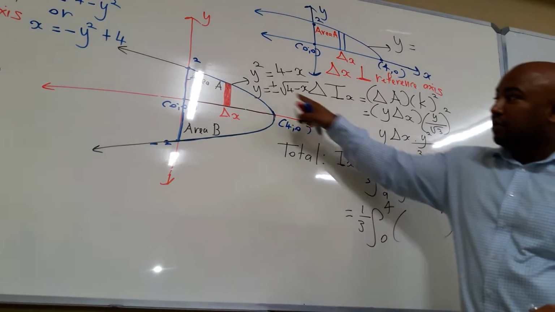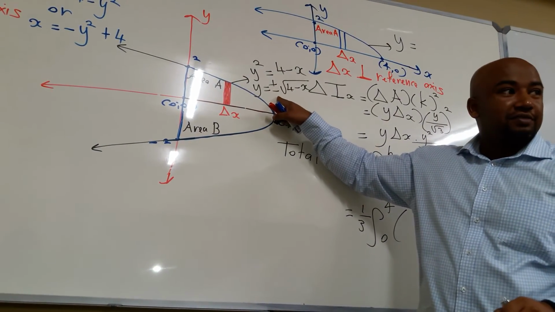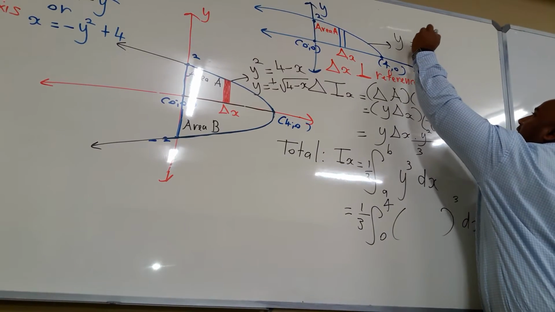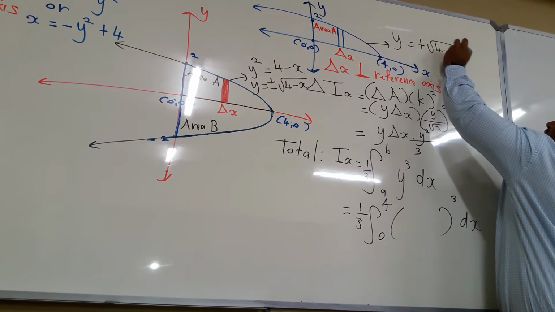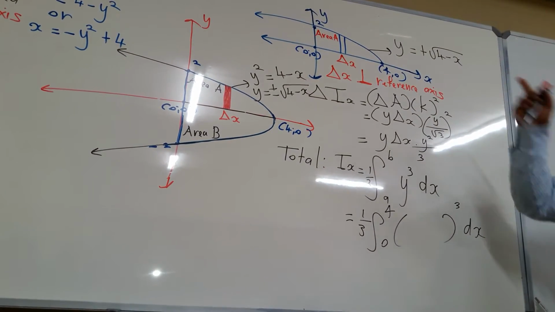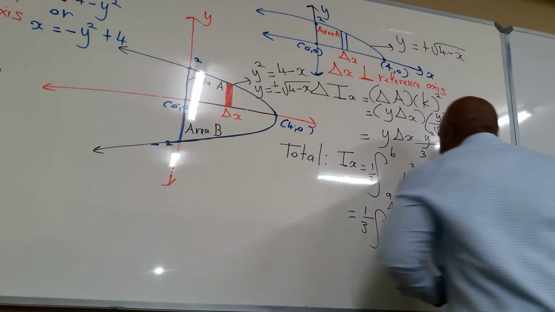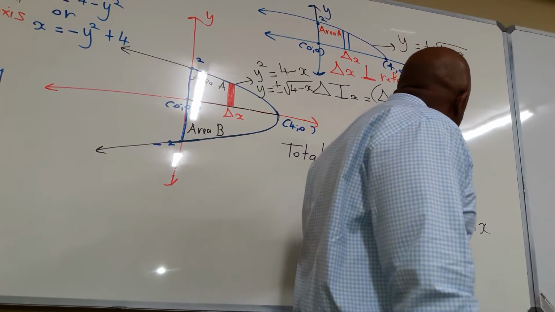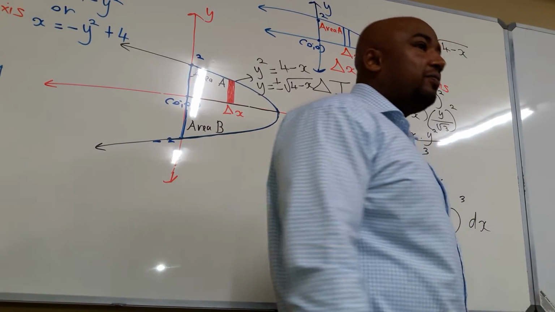Okay, so here y can be positive and negative. Here y can only be positive. So this will just be the positive square root of 4 minus x. That is the equation of that curve there. Can you see that? So now we substitute. What is y? Y is the square root of 4 minus x.